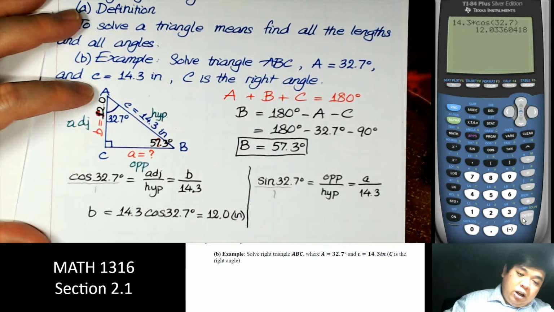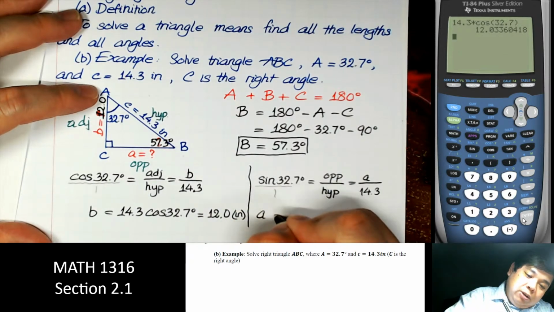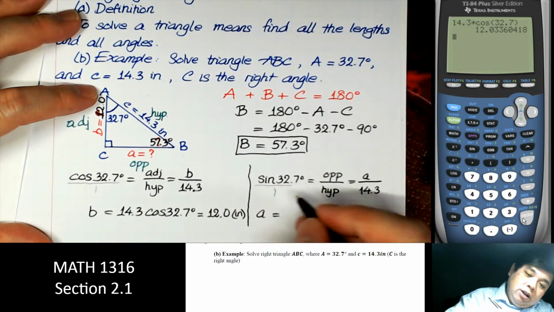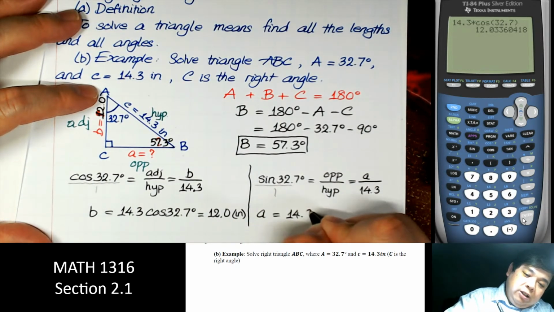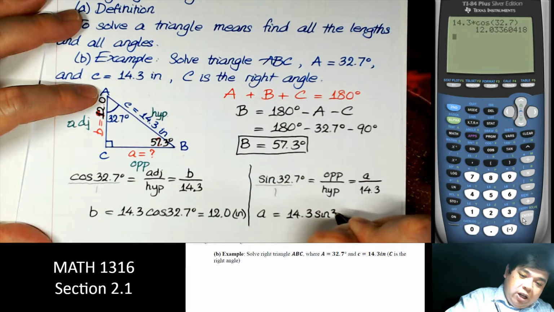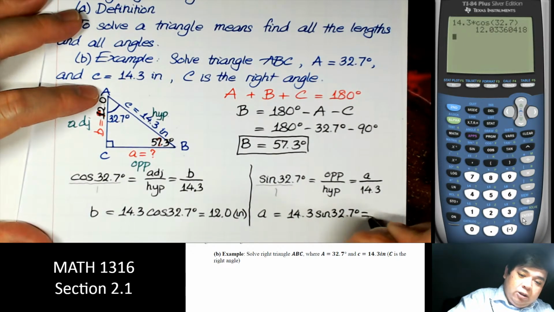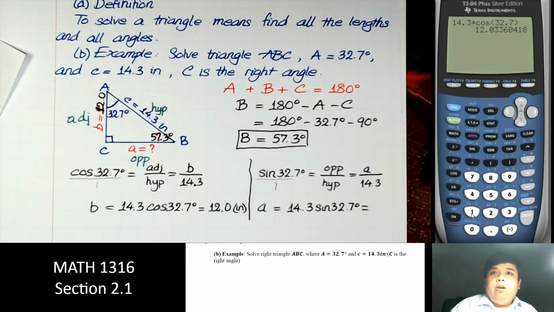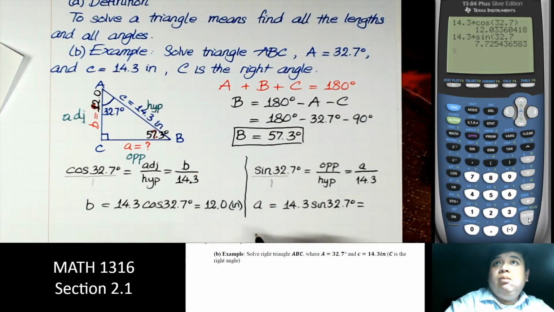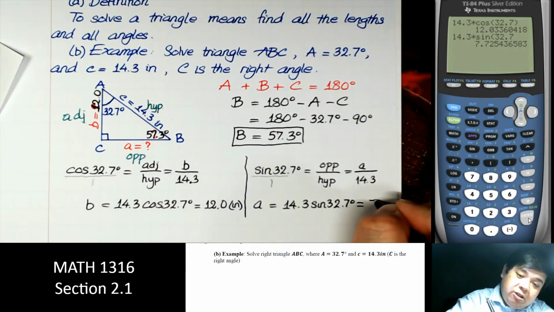And cross multiply, A equals 14.3 times sine of 32.7. 14.3 times sine of 32.7. And we have 7.7 inches.